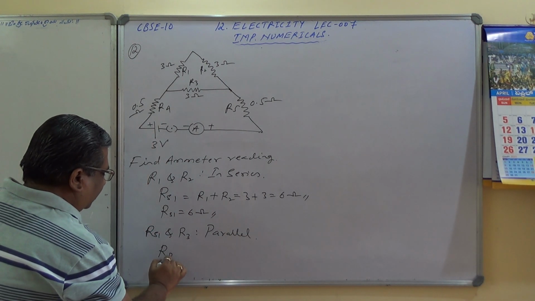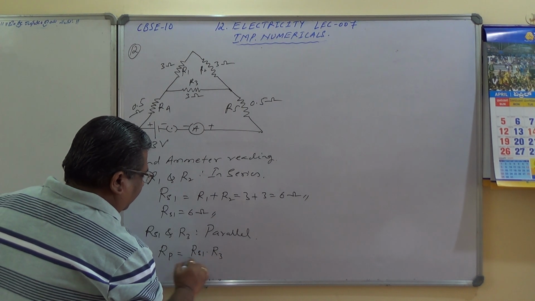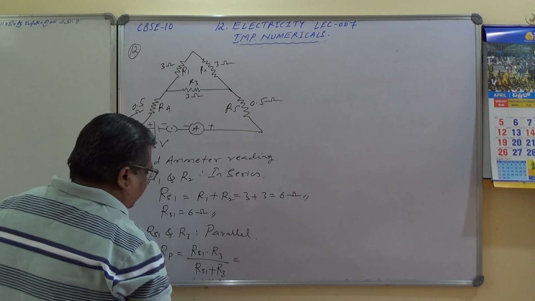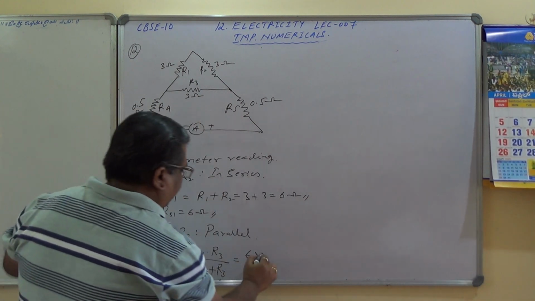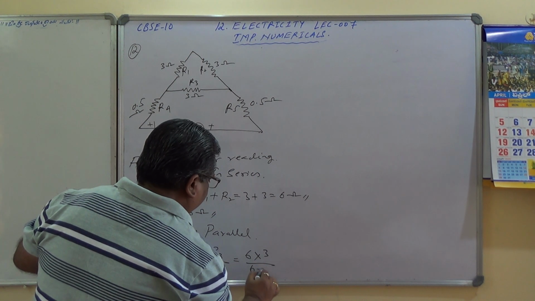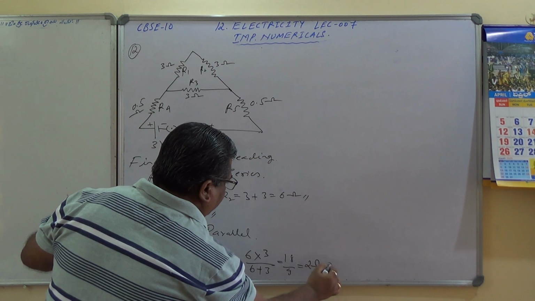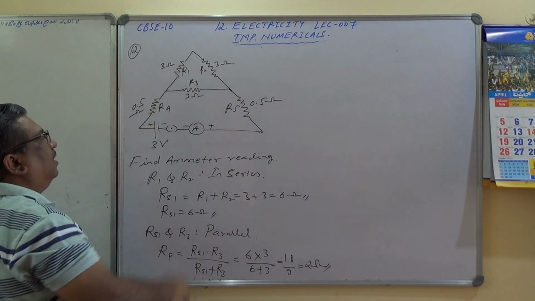Therefore RP equals RS1 into R3 divided by RS1 plus R3. RS1 is 6, R3 is 3, so 6 into 3 divided by 6 plus 3, 18 divided by 9, which equals 2 ohms. So all this put together is 2 ohms.